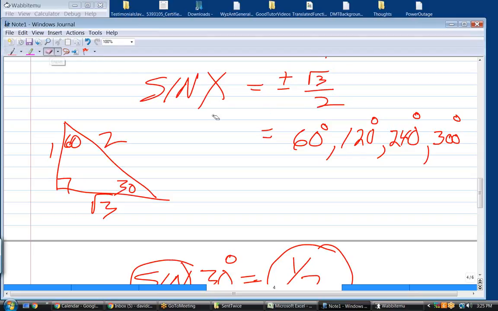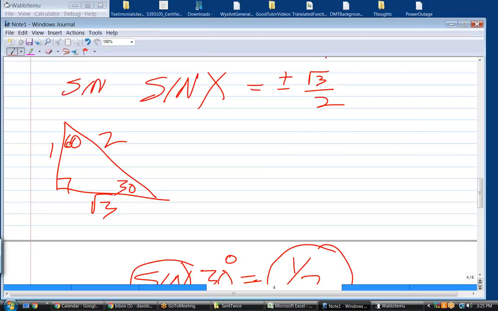Another way to look at this is the following. I prefer to look at it based on the definition, but the other way is let's take the inverse sine of both sides of this equation. Well, when you take the inverse sine of the sine, you get x. Or if you take the sine of the inverse sine, you get x. Okay?